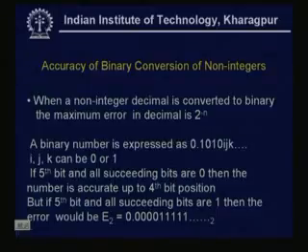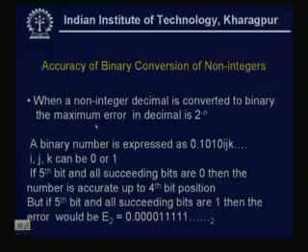Then obviously there will be some errors, because if we increase the number of bits, then we will be nearer and nearer to the actual value. So this is what we define as an error.